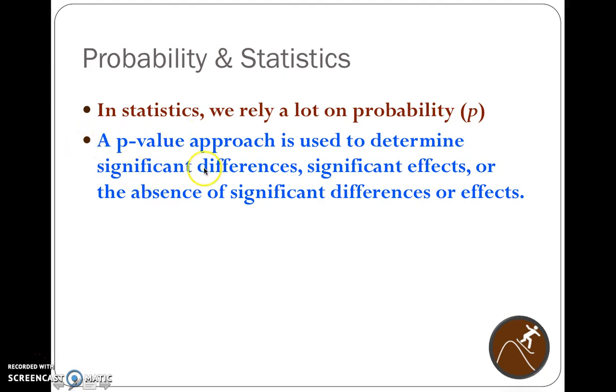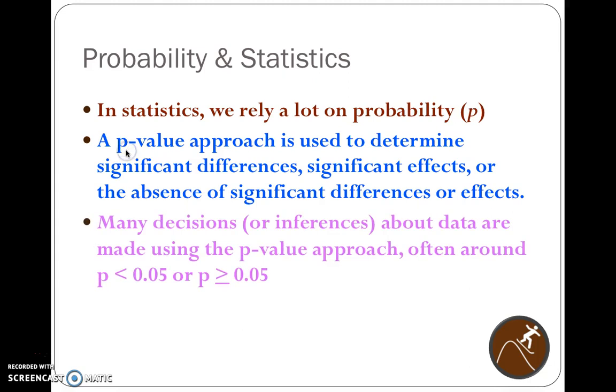So we use this p-value approach, or this probability value-based approach, a lot in stats, and I'll get into some examples shortly. So many decisions or inferences about the data are made using the p-value approach, and most often it's around this number of 0.05, which is where alpha is often set by just kind of a rule of thumb or a general norm.